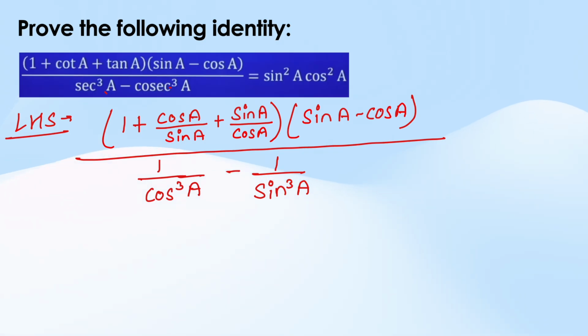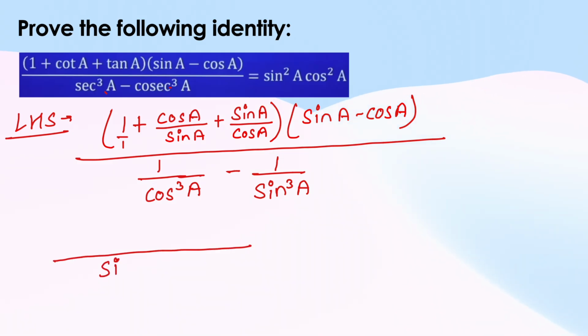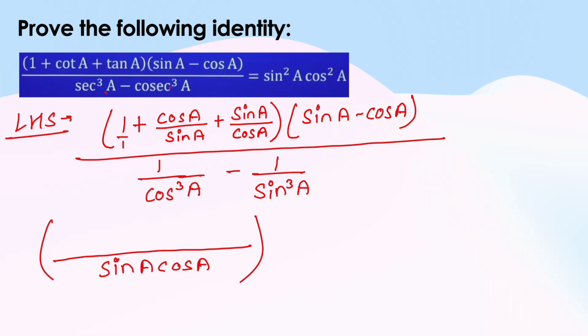That's it. Now see the numerator part here. We have 1, sine A, cos A. It means my LCM will be sine A cos A. Now see, 1 is being converted to sine A cos A, means what I have multiplied? Sine A cos A, right? So in the numerator as well it will become sine A cos A. Whatever you are multiplying in the base, the same you have to multiply in the numerator as well.